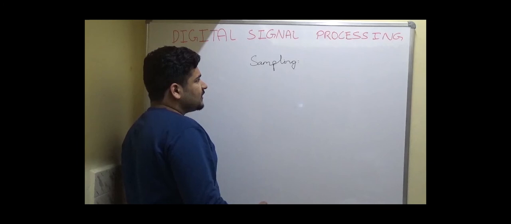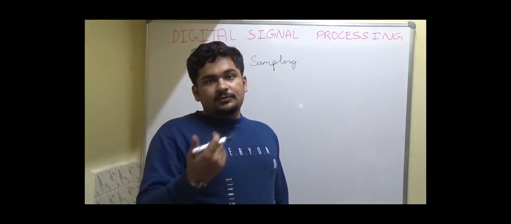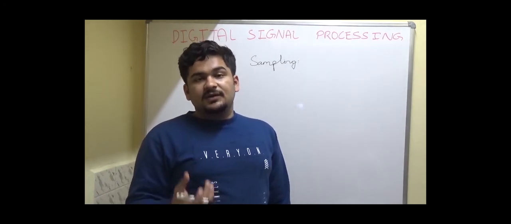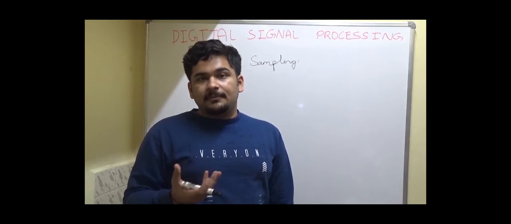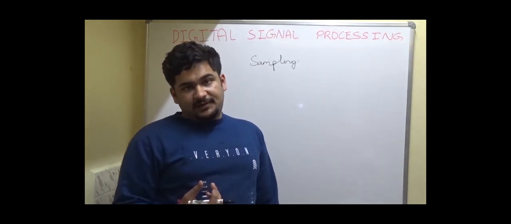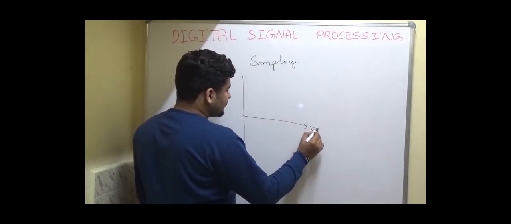Sampling basically means to convert a continuous domain signal to a discrete signal. That is, as the name itself suggests, I would obtain the samples of the signal at some discrete units of time. Okay, so this is the time axis.